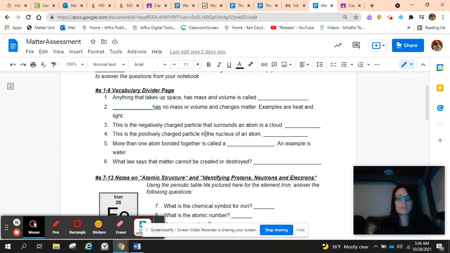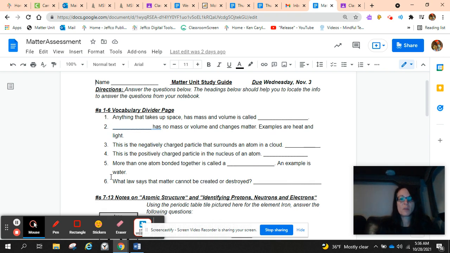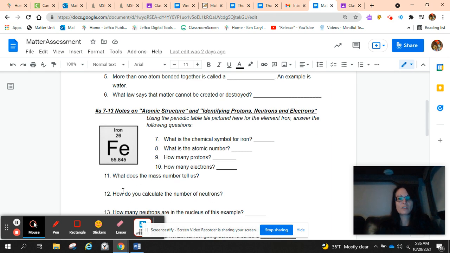When you look at this study guide, you will see that the numbers here, like numbers 1 through 6, come from the vocabulary divider page. What that means is these numbers, 1 through 6, come from the very first divider and page that we put in our notebook for matter, the whole unit, where we wrote 12 vocabulary words, their definitions, and pictures. As you continue down this study guide, you will see how it divides into groups based on the numbers.